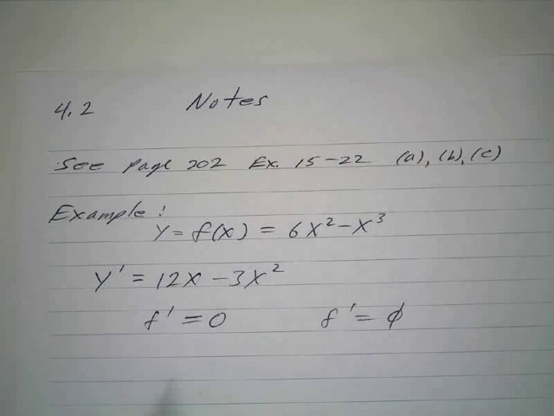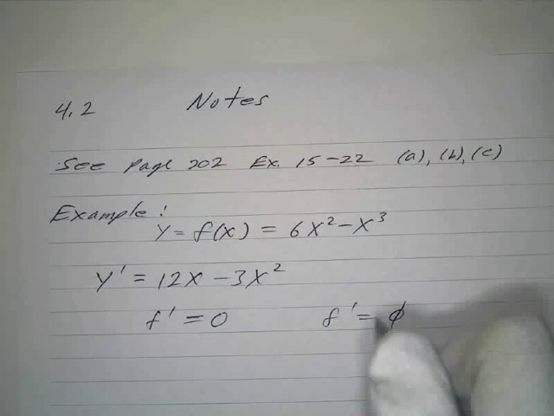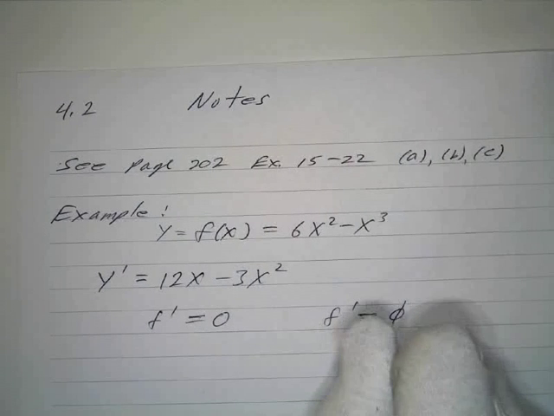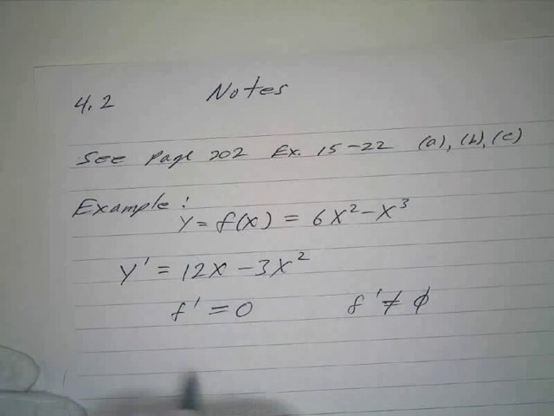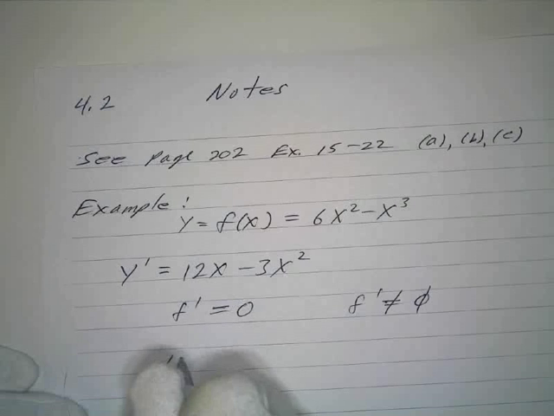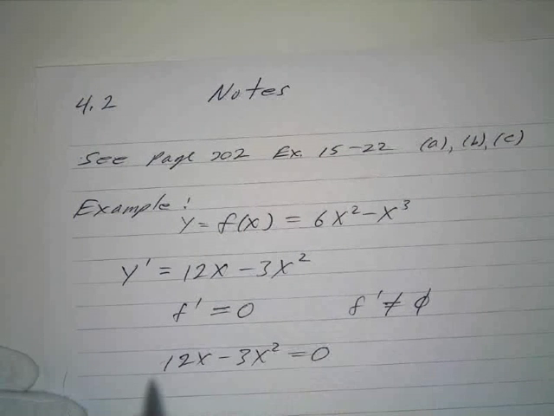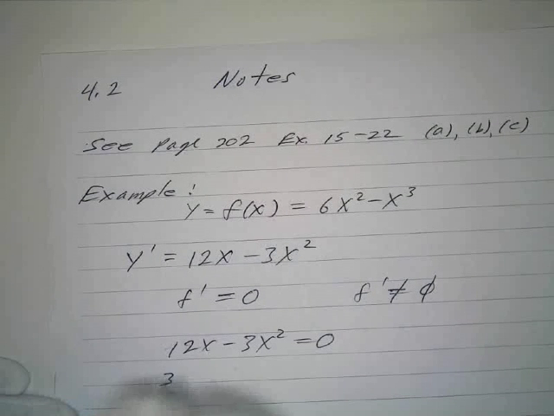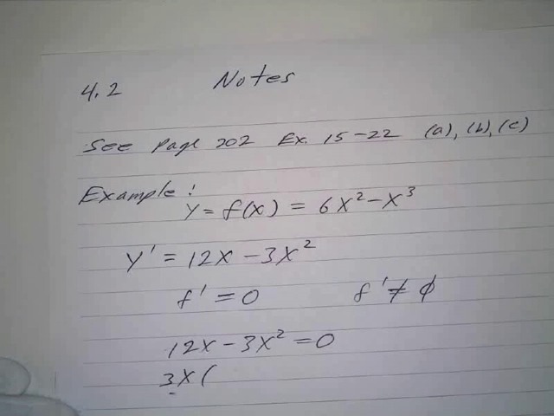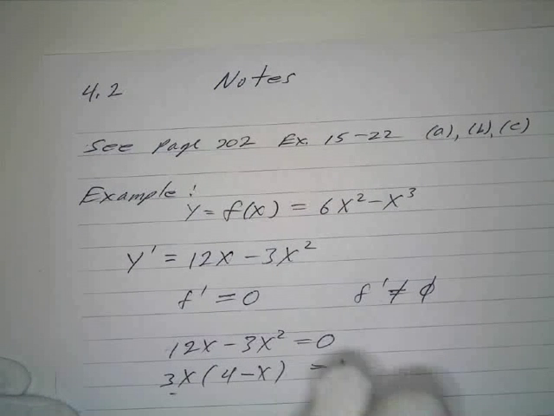Well, this is a nice polynomial, a parabola, so it's not going to be undefined at any point, so we can just set it equal to 0. So if we set it equal to 0, we have 12x minus 3x squared equal to 0. We'll factor out a 3x, I guess. Give me some room here, 3x. And what's left is 4 minus x equal to 0.